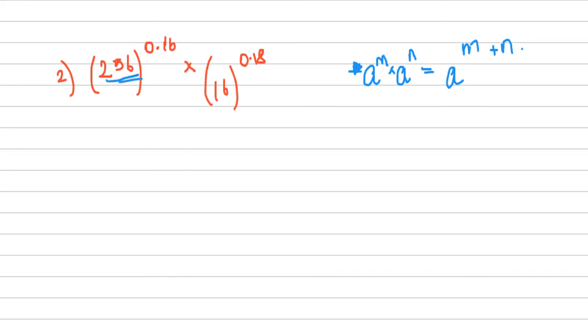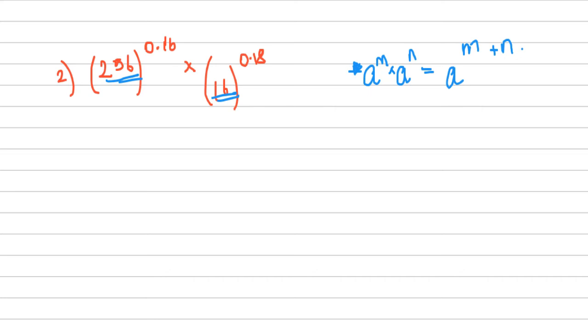Here we have 256, here we have 16. Is there any relation between 256 and 16? Yes, of course, 16 squared is 256, right? And one more thing, in order to solve these kinds of problems, make sure that you know the squares of numbers from 1 to 20 at least, and cubes of numbers from 1 to 10, and it is well and good if you can remember up to 20 as well.